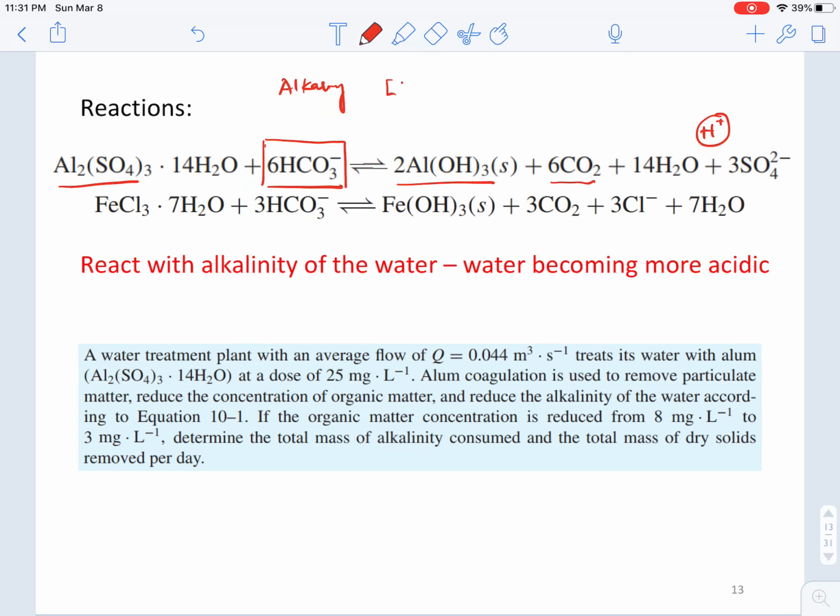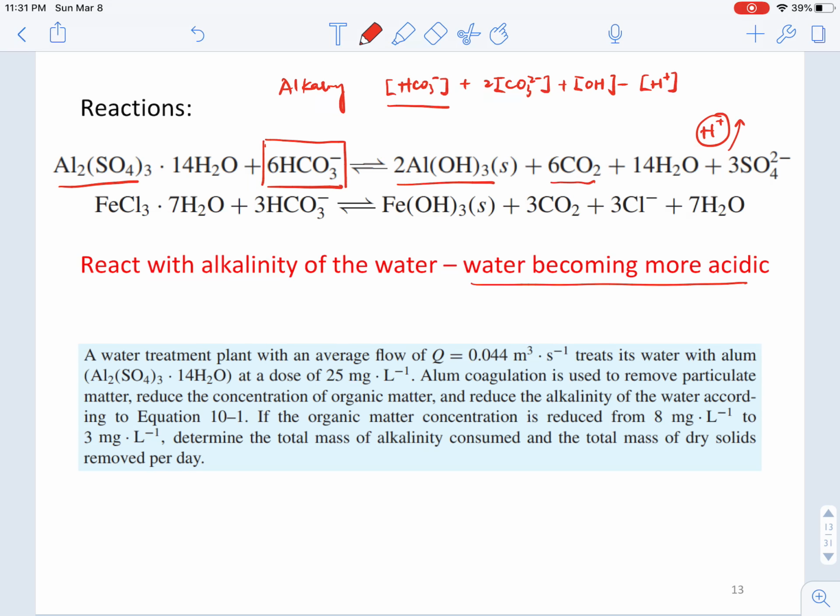So the alkalinity is calculated as the bicarbonate ion, plus twice the carbonate ion, plus the OH ion, and then minus the hydrogen ion, right? So by consuming these bicarbonate ions, we're reducing the alkalinity, which means that the acidity of the water will increase, right? So the water will become more acidic.